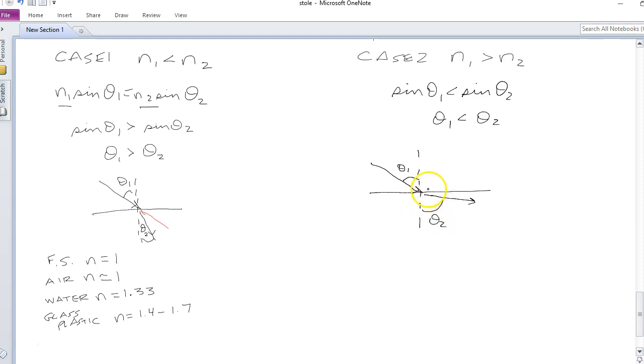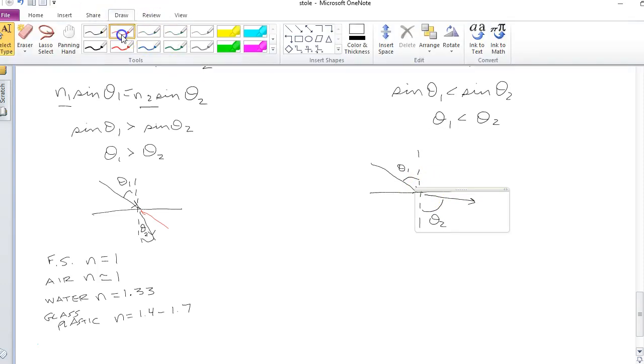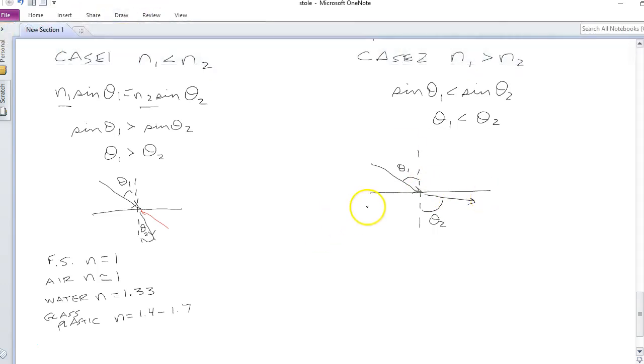I call that bending away from the normal. Again, if you consider the straight through direction, if this ray didn't bend, it would do something like that. The actual light is bending away from the normal, away from that direction. Okay, so there you go.